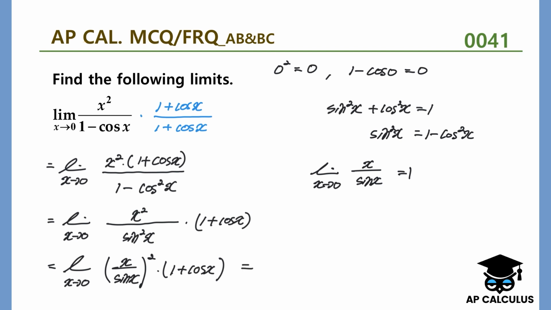The limit of x over sine x is 1, so 1 squared times (1 plus cosine 0), substituting 0 for x. Cosine 0 is equal to 1, so that's 1 times (1 plus 1). The answer must be 2.